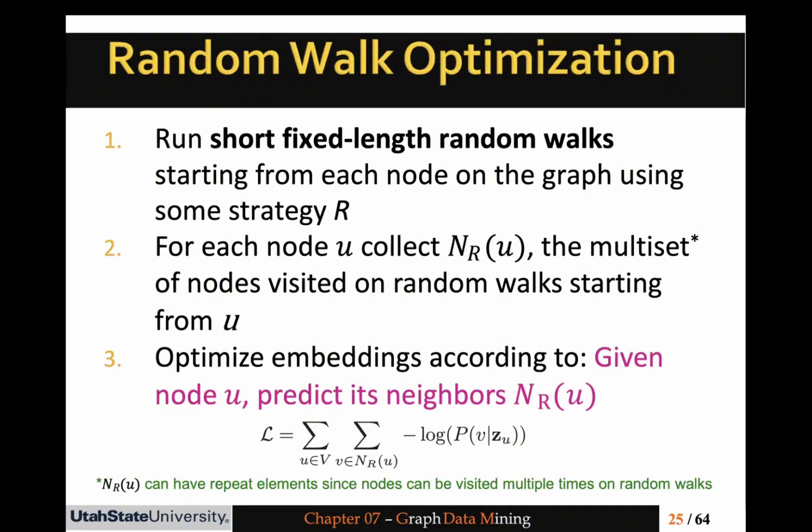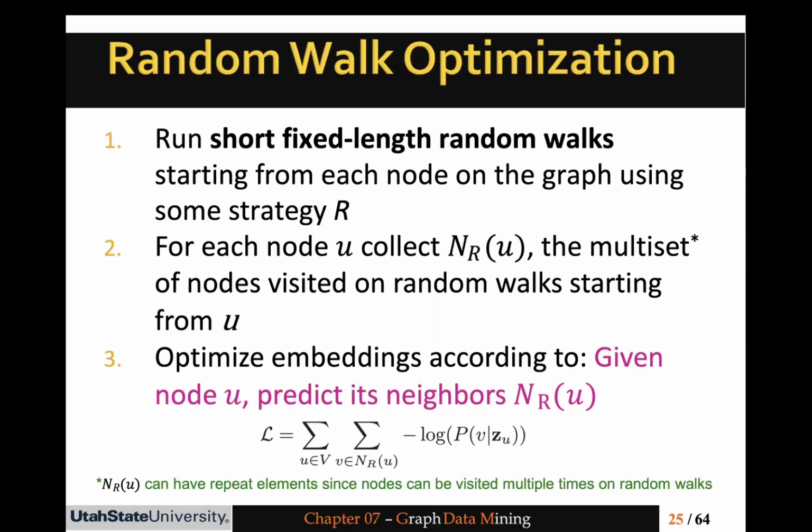Okay, the optimization is the last step over here. We already talked about number one and number two. Step one is running multiple short fixed-length random walks using some random strategy R. So far, random strategy simply means that if you are at a node U, I have an equal chance, a uniform distribution of probabilities, to move in any direction towards one of the neighbors.